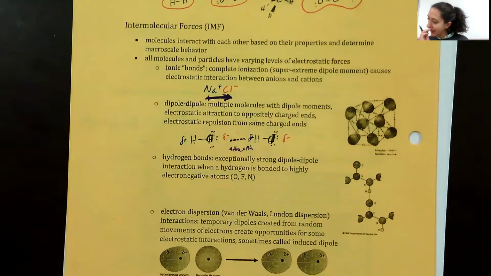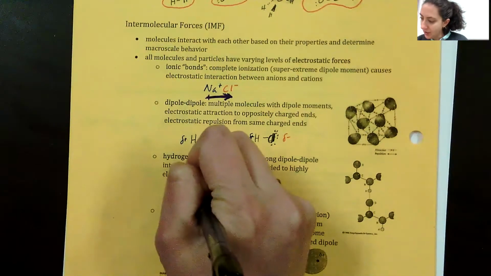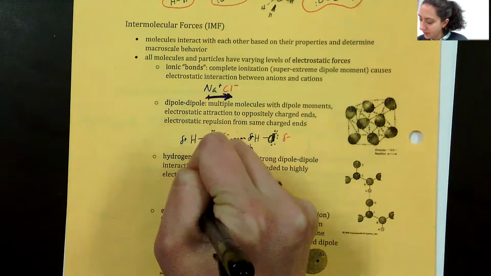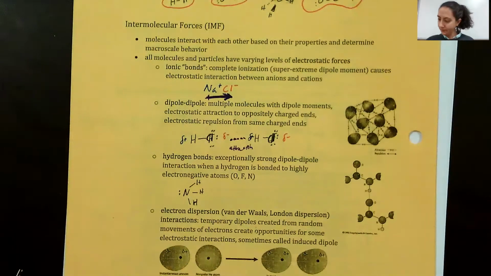So let's do a quick example of one of those. Water is the classic example, but maybe we'll do something a little different. Let's do nitrogen trihydride. Okay, so there's a nitrogen trihydride.